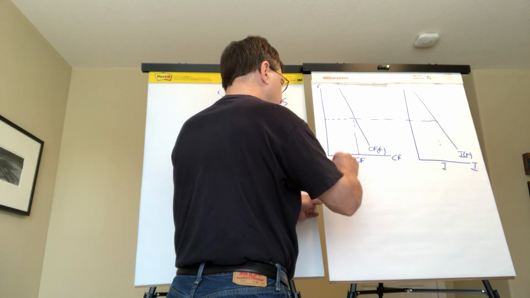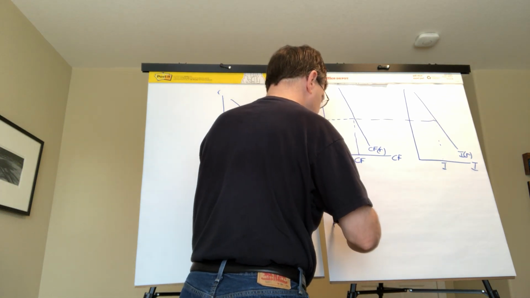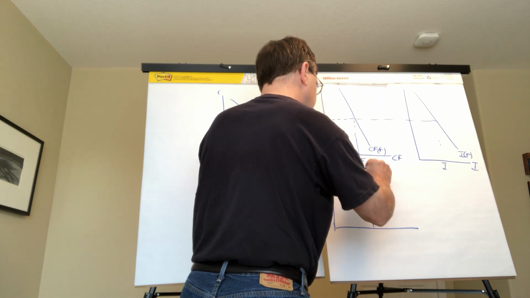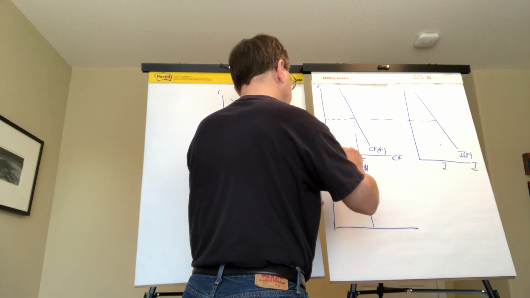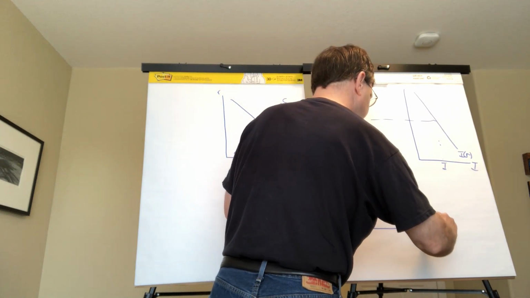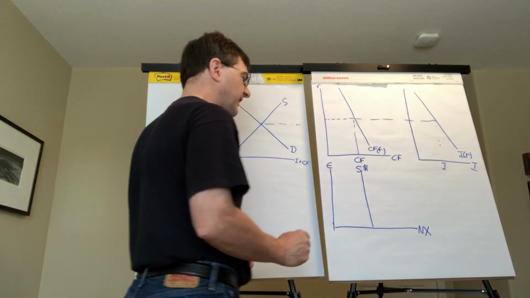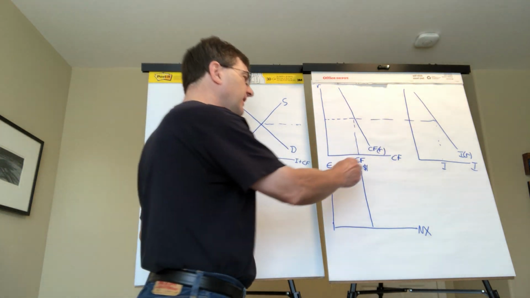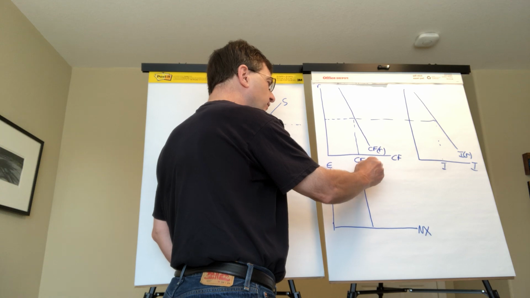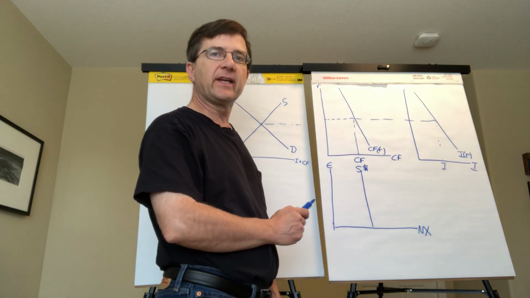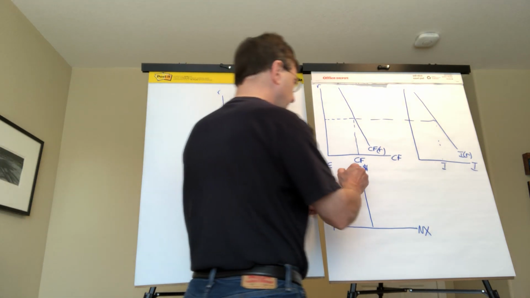And then that quantity of capital flow there is the supply of dollars down here, where we have the real exchange rate on the axis and the quantity of net exports on the axis. Of course, net exports equals capital flow. That's an accounting identity, and the economic forces make net exports end up equaling intentional capital flow.